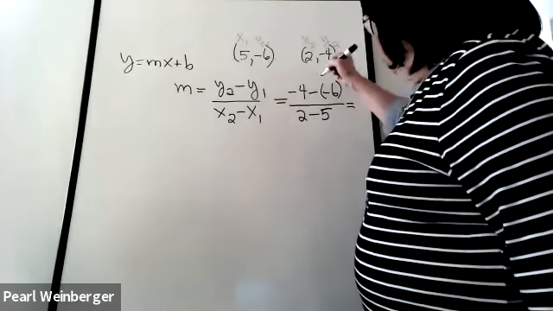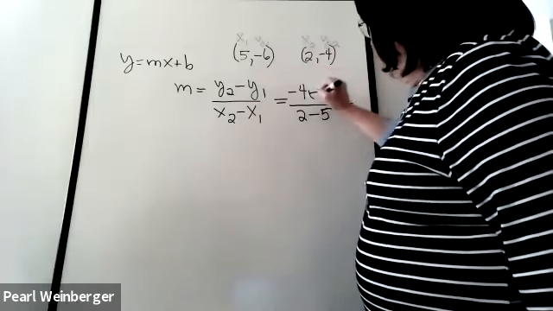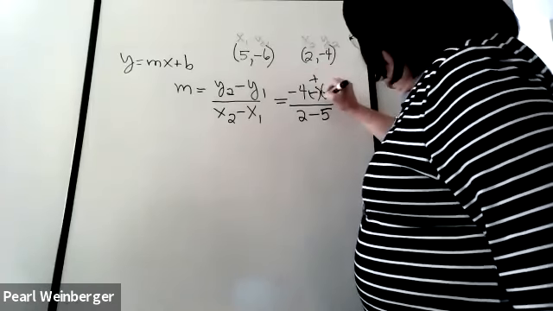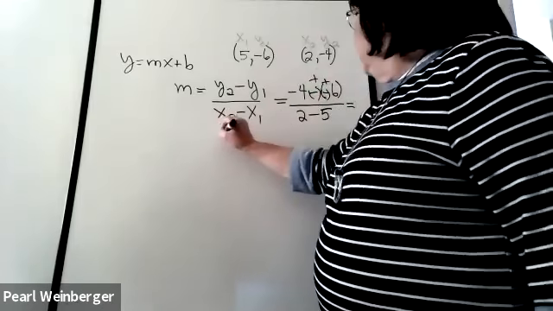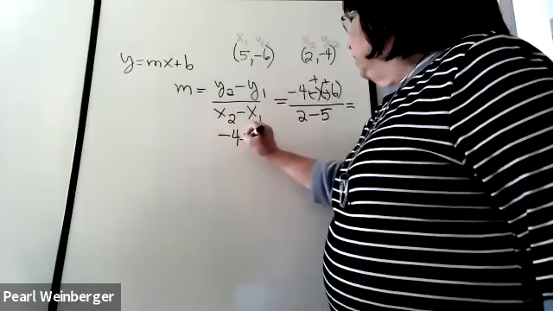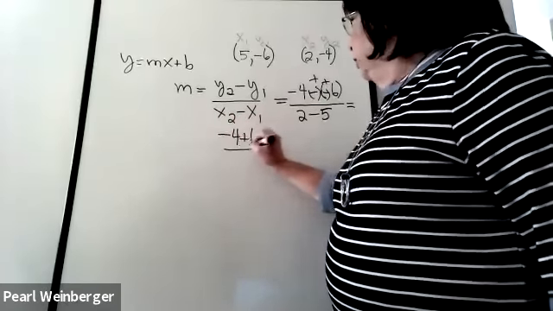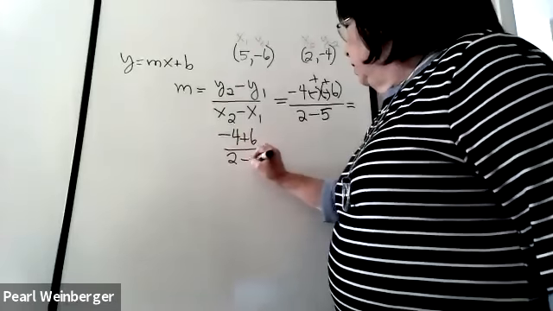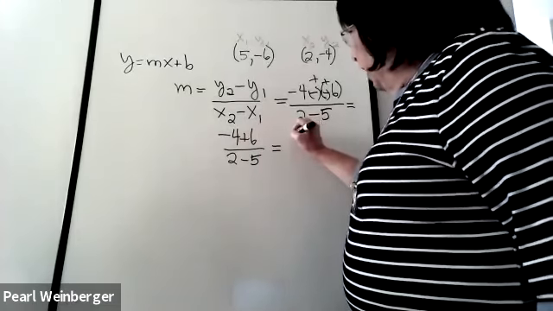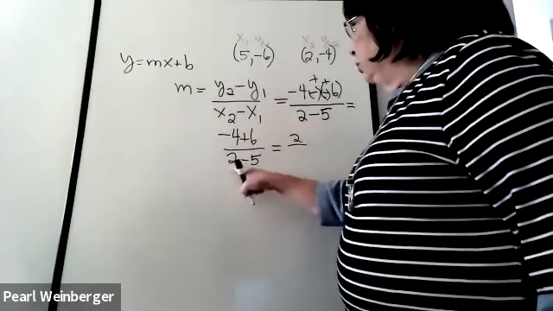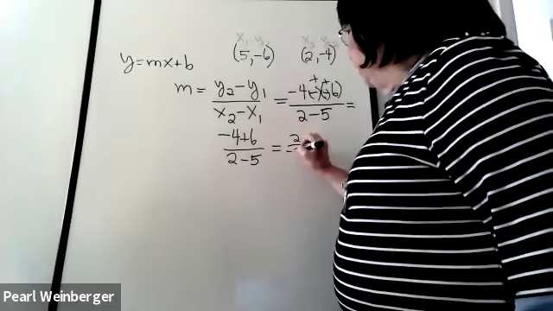Remember, when you have 2 minuses, this is going to become a plus. So the numerator becomes -4 plus 6 over 2 minus 5. And -4 plus 6 is +2. And 2 minus 5 is -3.